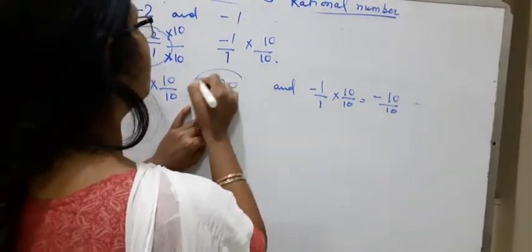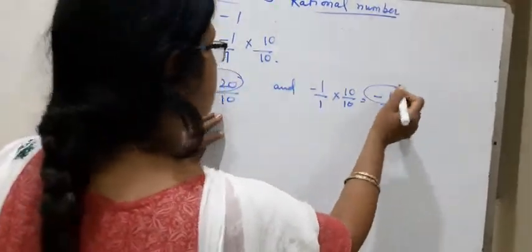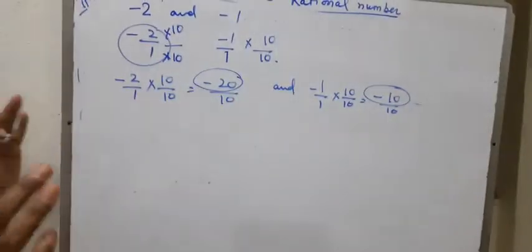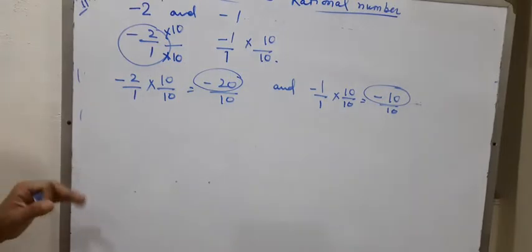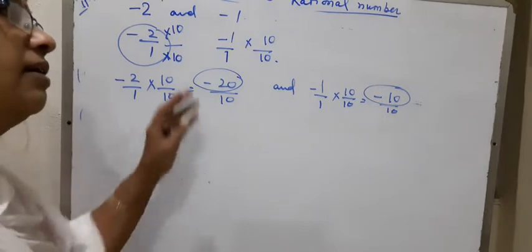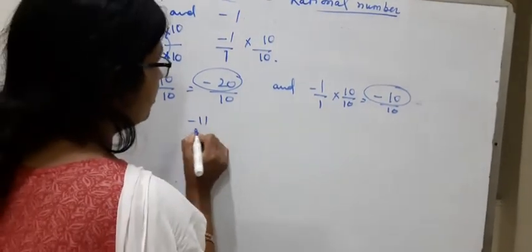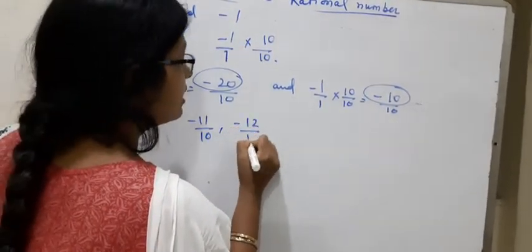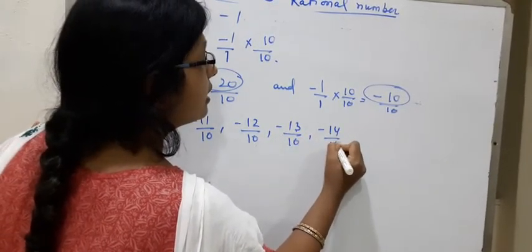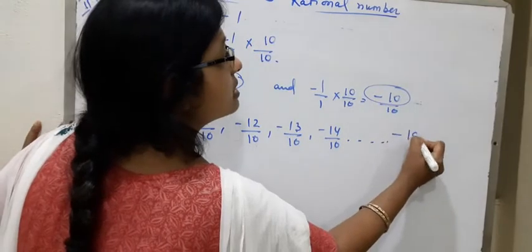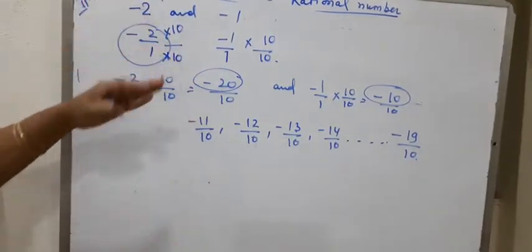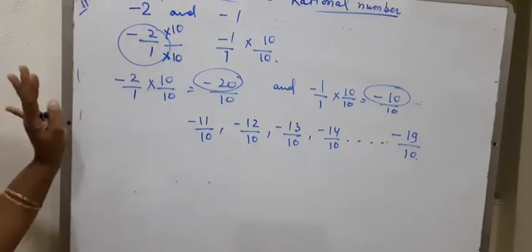Then we compare -20 and -10. In between -20 and -10, we get 9 rational numbers: -11 by 10, -12 by 10, -13 by 10, -14 by 10, up to -19 by 10. If we multiply by 20 by 20, then we get more rational numbers.